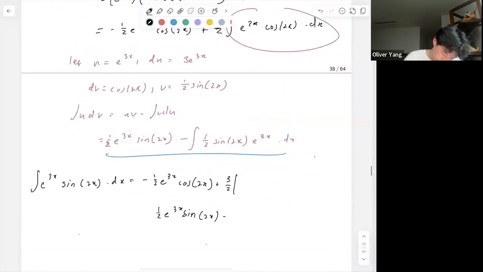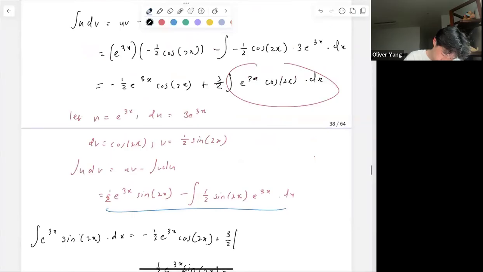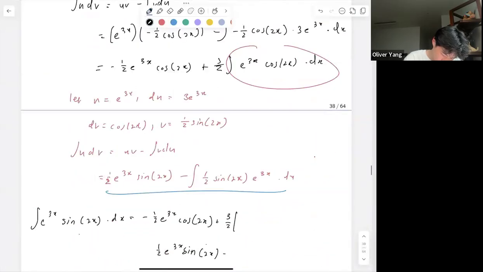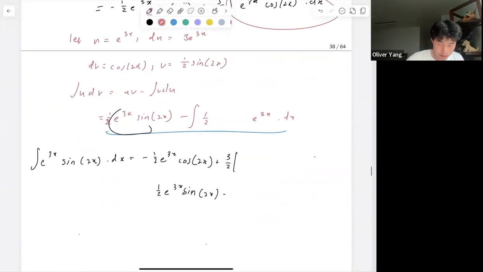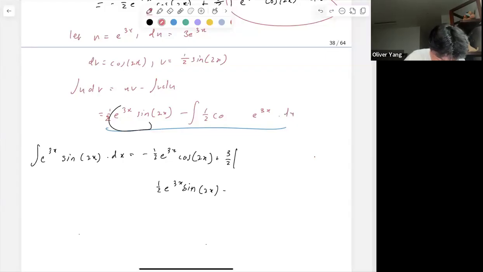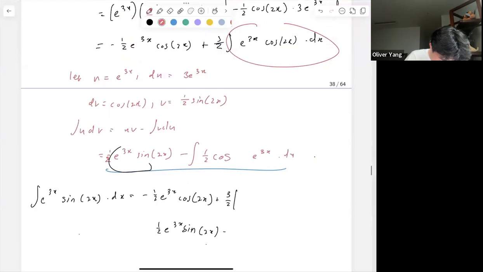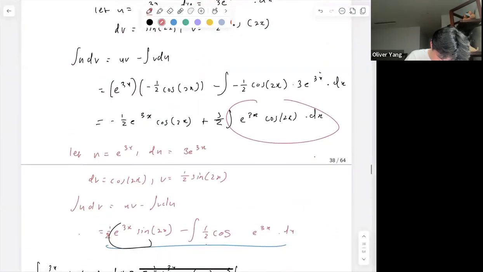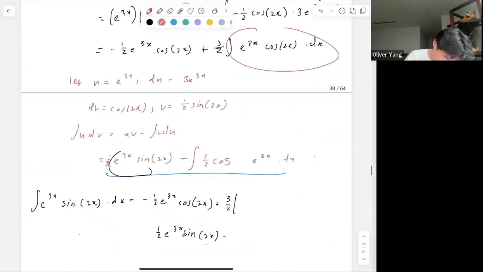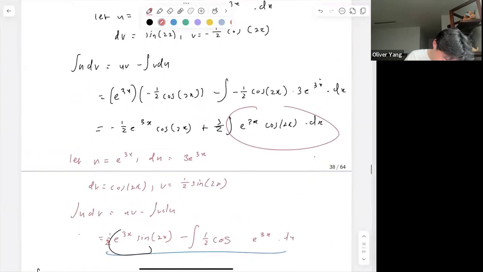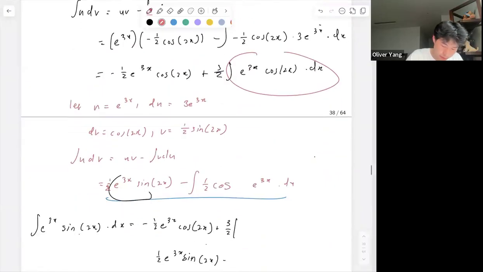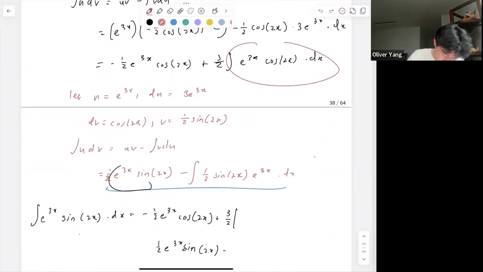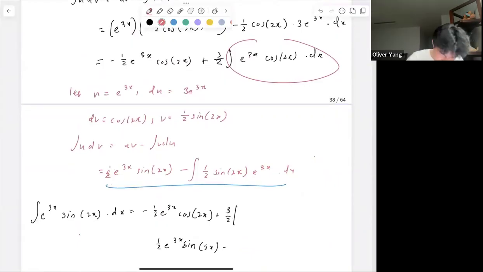Oh, this is supposed to be cos. I made a mistake. Cos. No, that's supposed to be sine. I'm just tweaking.